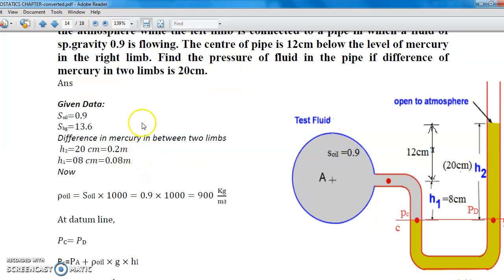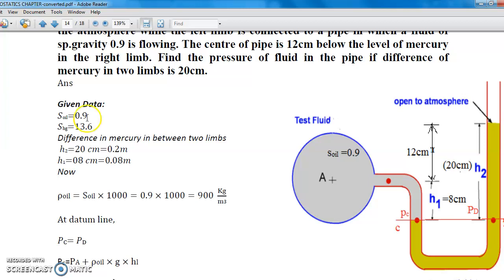Next point: the question is given, the specific gravity of the oil is 0.9. First you have to convert the specific gravity of the oil to the density of the oil. You know that the specific gravity of the oil is equal to the density of the oil divided by the density of the standard fluid, here water, and that value is 1000.